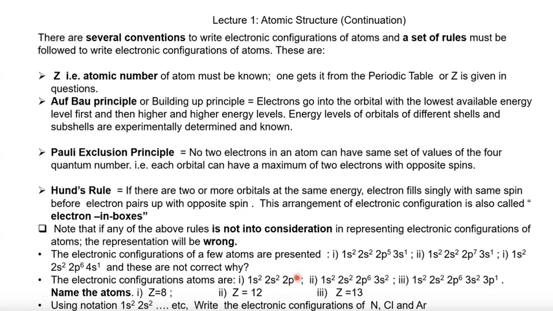So we have 3 orbitals, and we designate them as px, py, pz. So 2px, 2py, 2pz. Each orbital can accommodate only 2 electrons as per Pauli exclusion principle. Therefore, 2p must have 6 electrons because it has got 3 orbitals.